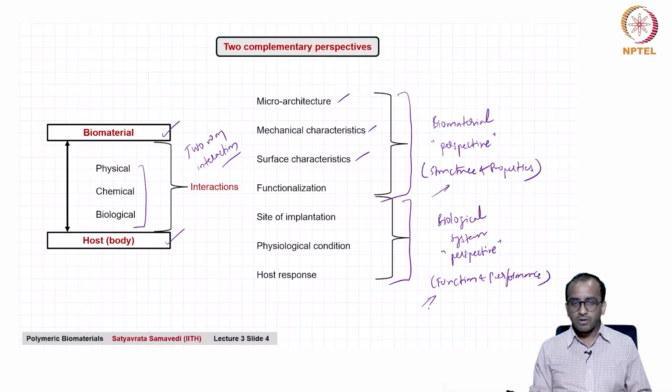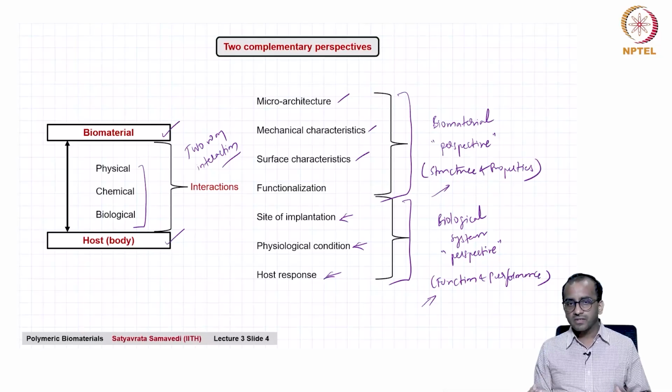For example, in the biological system perspective, you see that the site of implantation, the physiological condition and the host response are just examples of factors that influence how the biomaterial will eventually perform, right? The host response, for example, can widely vary depending upon the type of material you're using, depending on how it has been combined with another material.